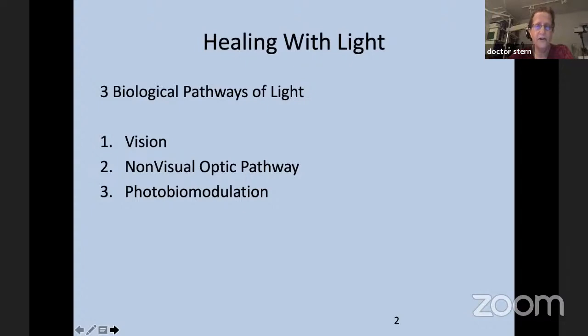And the third is photobiomodulation, which is a term that is now being used for what was called low-level laser therapy. Then it became low-level light therapy. It's primarily red and near infrared light being used therapeutically.